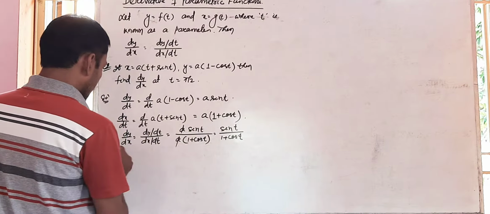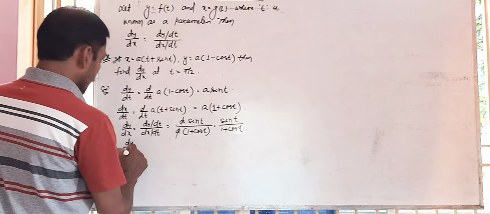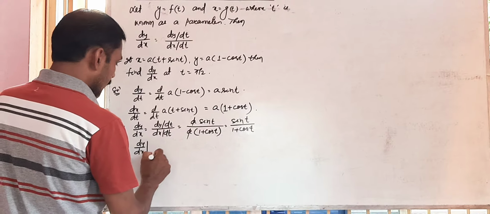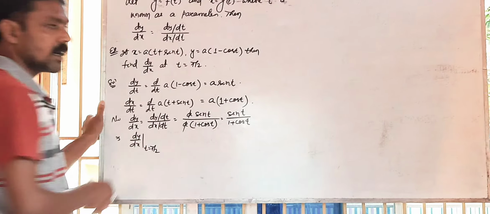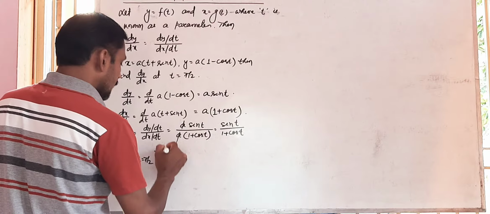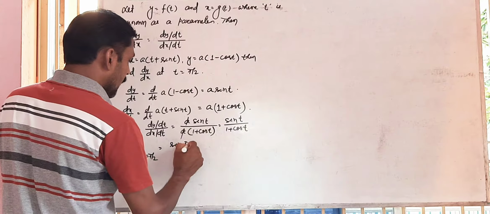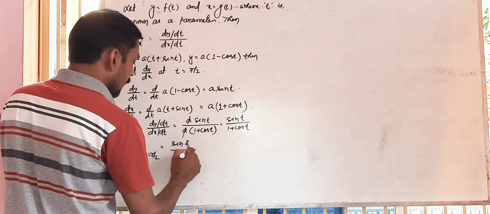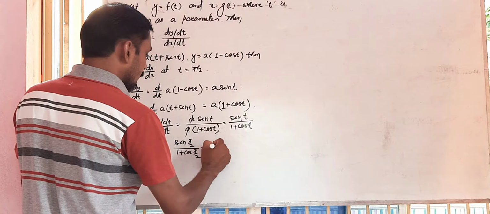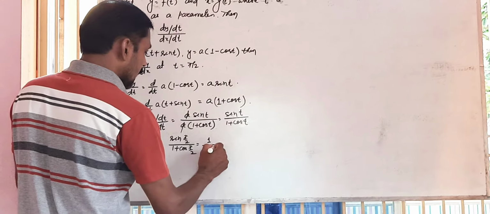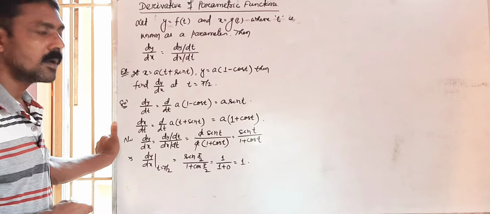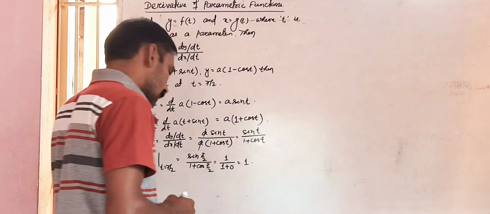Now this implies dy by dx at t equal to pi by 2. So here we will put pi by 2 in place of t. So you can write sin pi by 2 by 1 plus cos pi by 2. Sin 90 degrees is 1 and cos 90 is 0. So it is 1 by 1. So this is the answer.